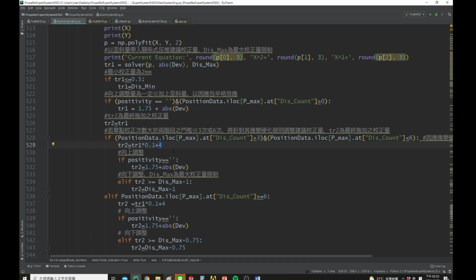For example, we add 4. Here's a quite tricky part. Yeah, we need to adjust that into a useful number. For now, we multiply the original number by 0.1 and plus 4.